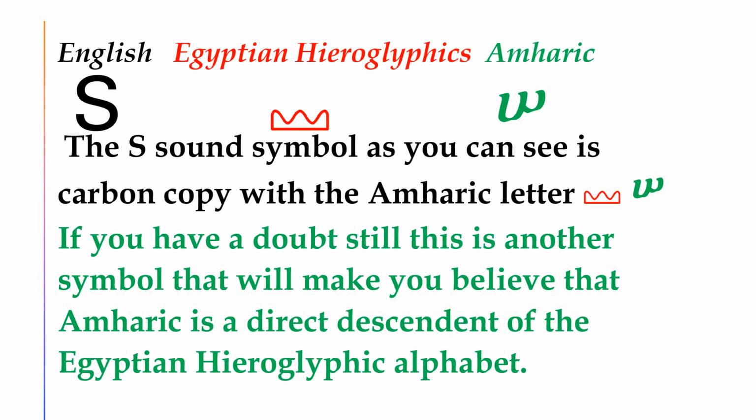The S sound is represented twice. So for one of them I have taken what looks like the sign of a crown. So as you can see, it is so much similar to the Amharic sa. Look at it. It is so much similar. It's a carbon copy. So that's why I have taken the symbol as the S sound.